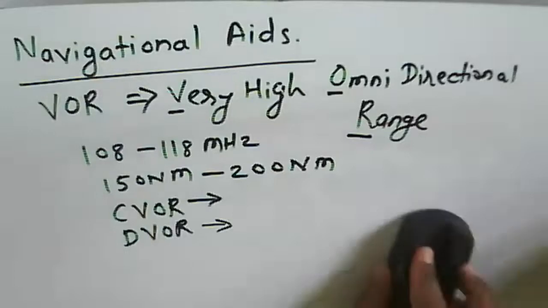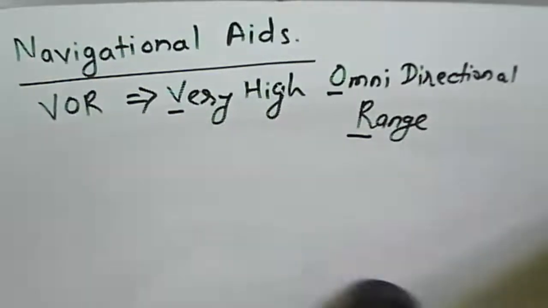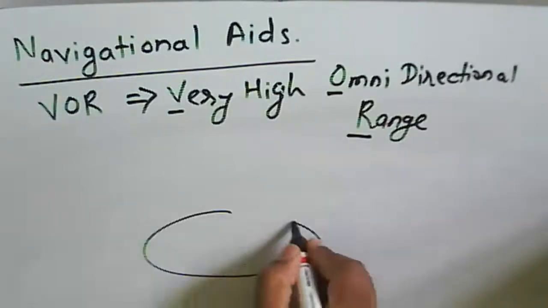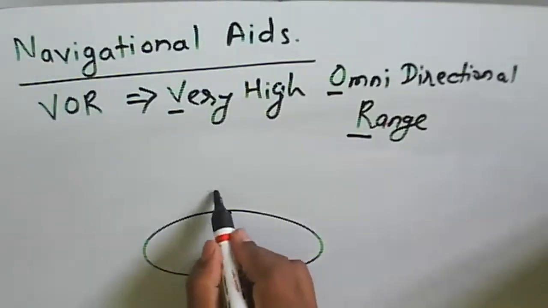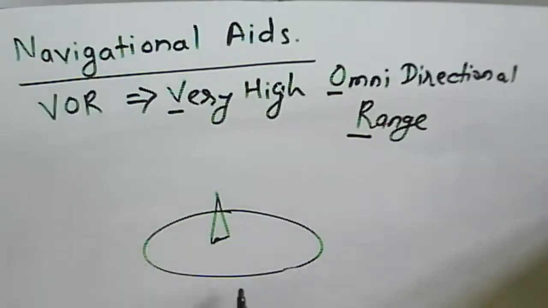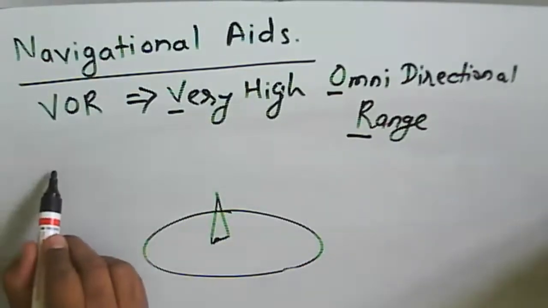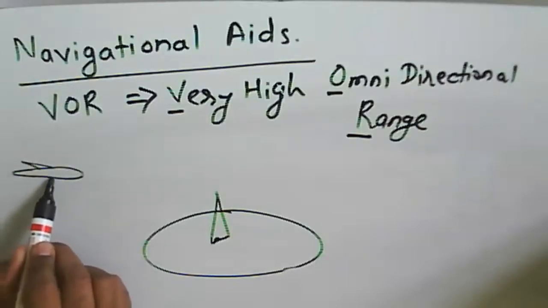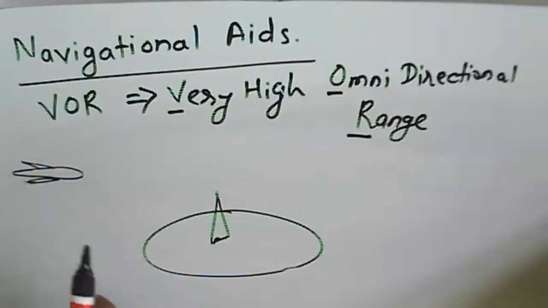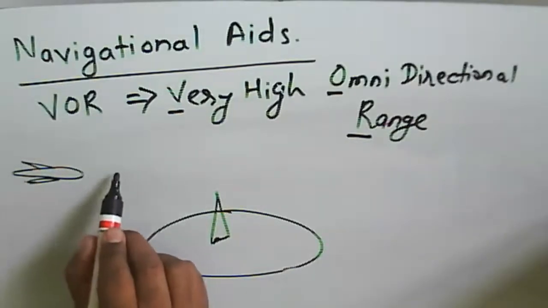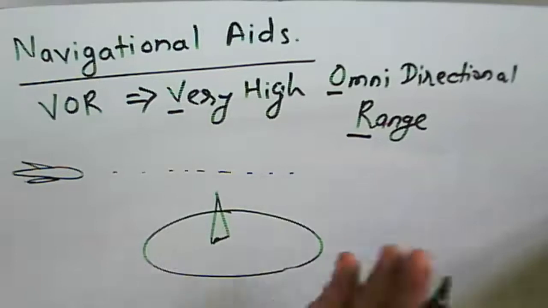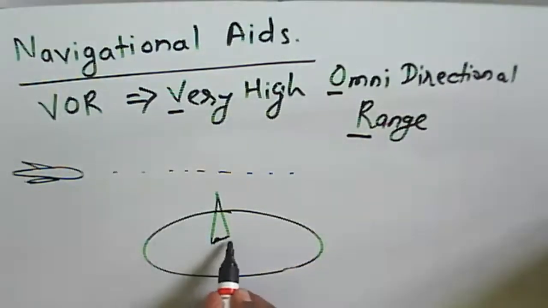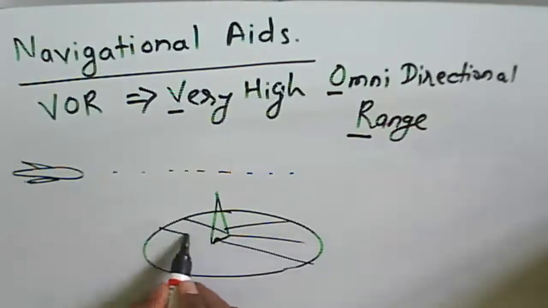So generally, how does it work? On the ground there will be an antenna system, and the aircraft is moving toward the airport.